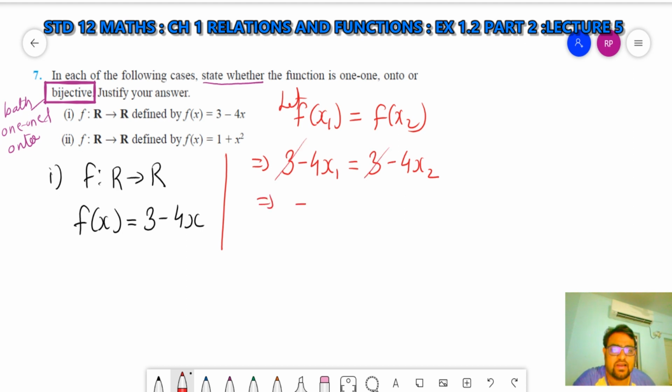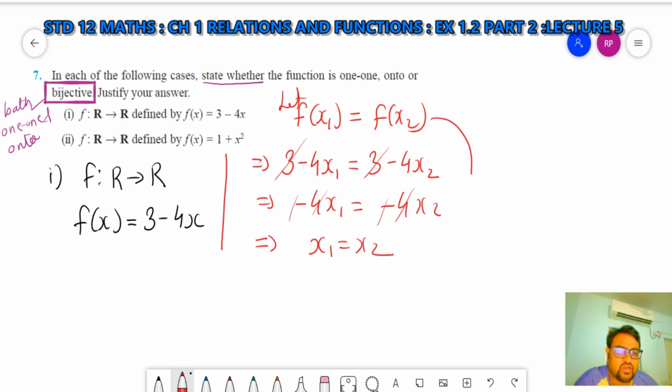That implies minus 4x1 equal to minus 4x2. Minus minus gets cancelled and 4, 4 gets cancelled. So this shows that x1 equal to x2. So we started with f(x1) equal to f(x2) and we ended at x1 equal to x2. So what does that mean? That means that it is a one-one function.